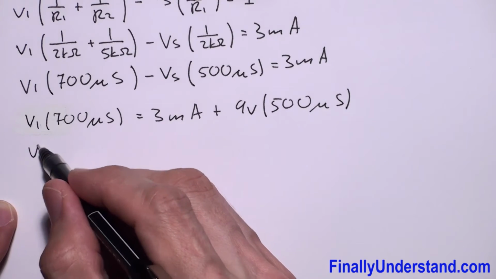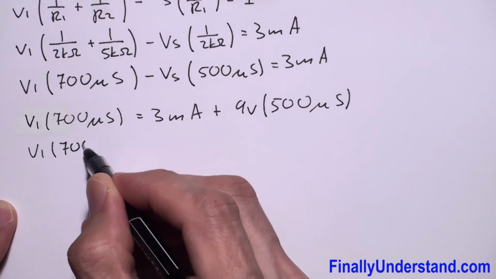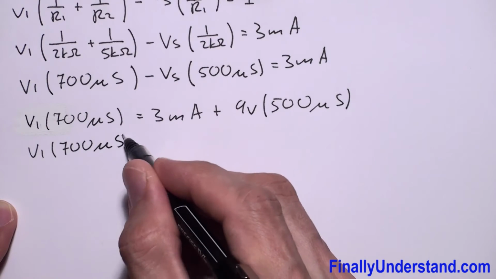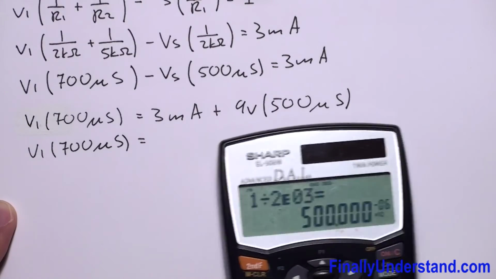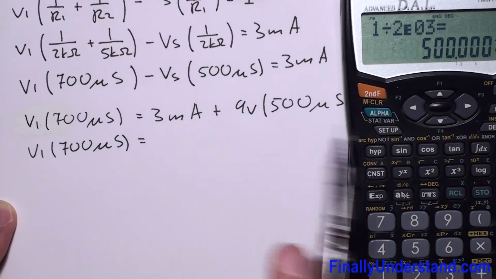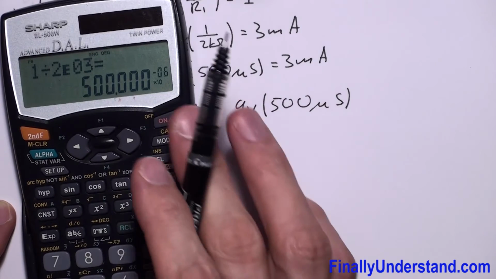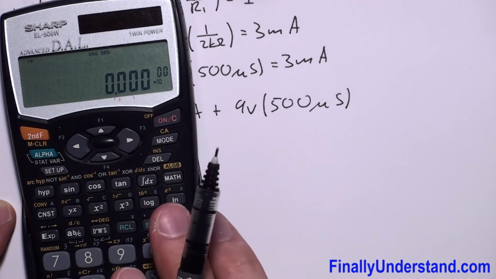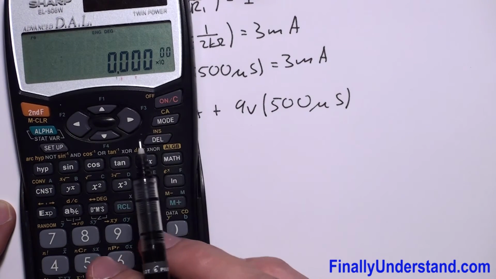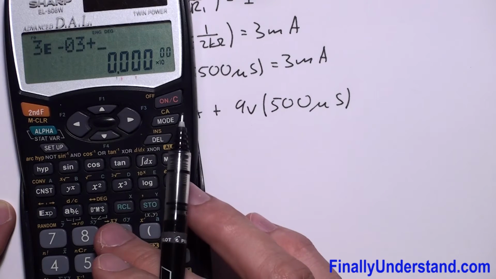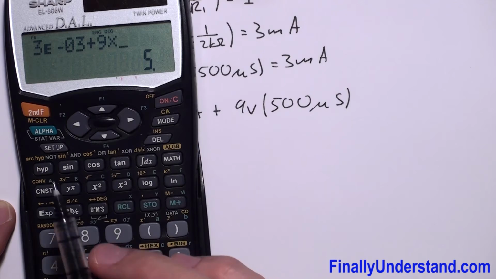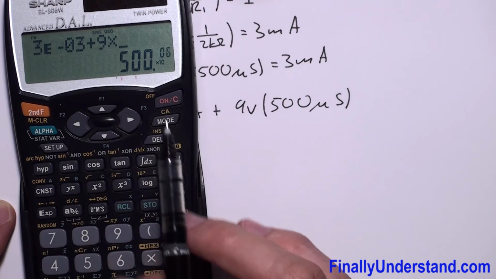So I have V1 times 700 microsiemens equal to 3 milliamps plus 9 volts times 500 microsiemens. So I have 3 exponent 3 negative plus 9 times 500 exponent 6 negative.